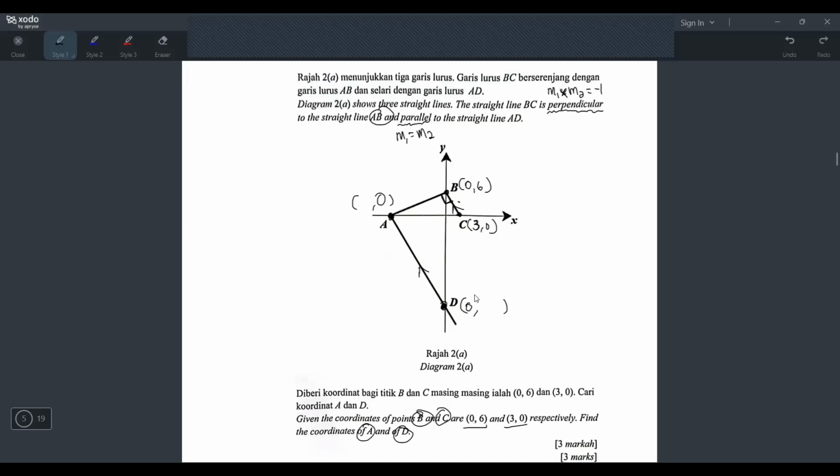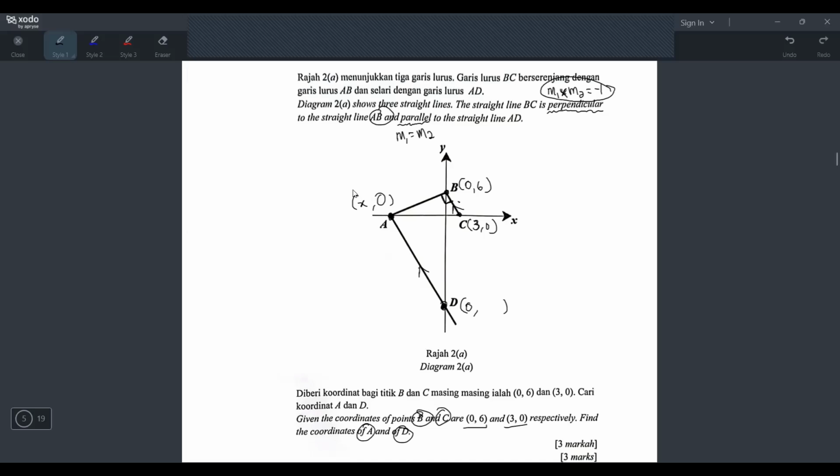So how do we find it? Very obvious. We need to use M1 times M2 equals -1 for perpendicular lines, and M1 equals M2 for parallel lines. So how do we do it? First of all, can we find the BC gradient? Yes, because we have two coordinates. And since the BC gradient and AB gradient have this relation, because they are 90 degrees, we can take the gradient here times the gradient here equals -1.